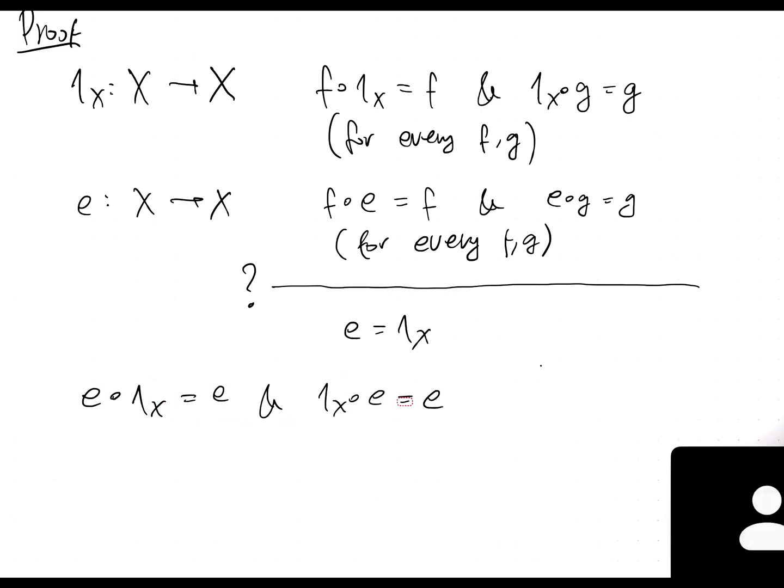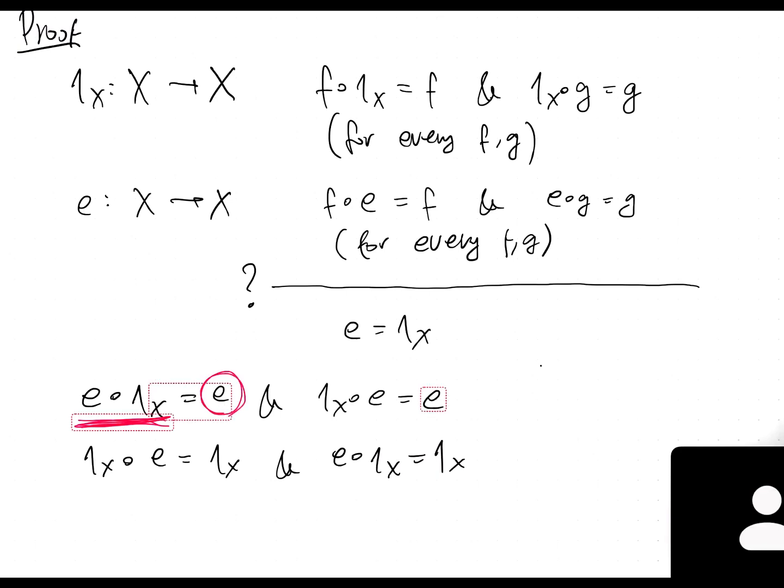On the other hand, downstairs, if I substitute identity in the place of f, I get identity x composed with e equals identity x, and e composed with identity x equals identity x. And after this, I think it's quite straightforward. We notice that this expression, for instance, right here, is on one hand equal to e. On the other hand, it's also equal to the identity x. And therefore, the two things are equal.